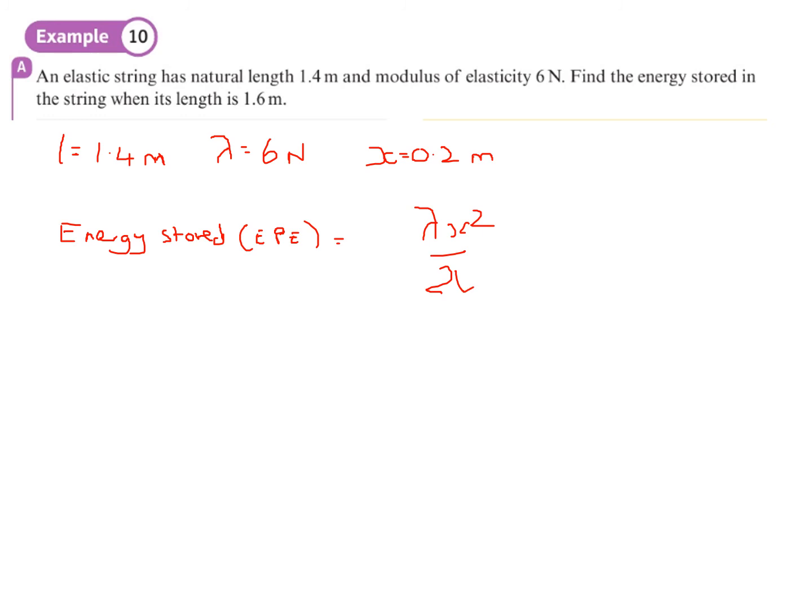Sorry, my handwriting is not great there, I rushed it a bit. So just put the numbers in. That's going to be 6 multiplied by 0.2 squared over 2 times 1.4.